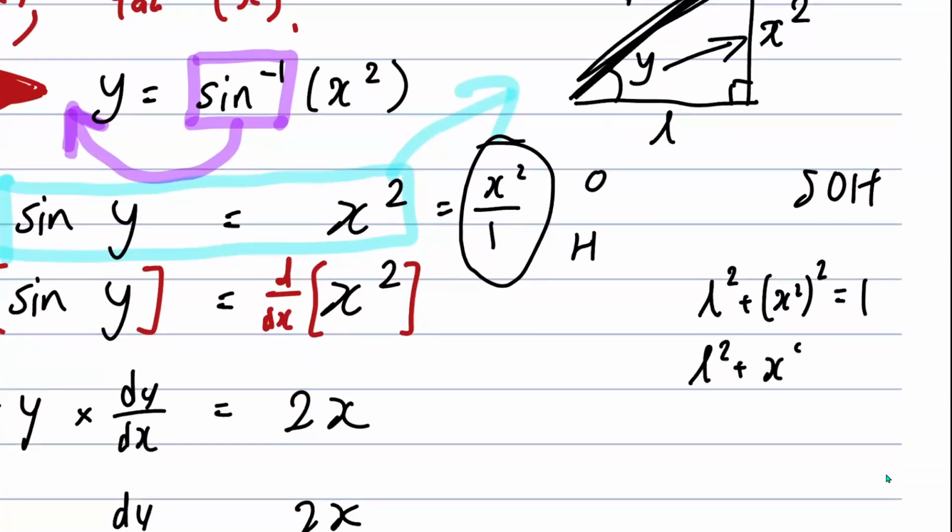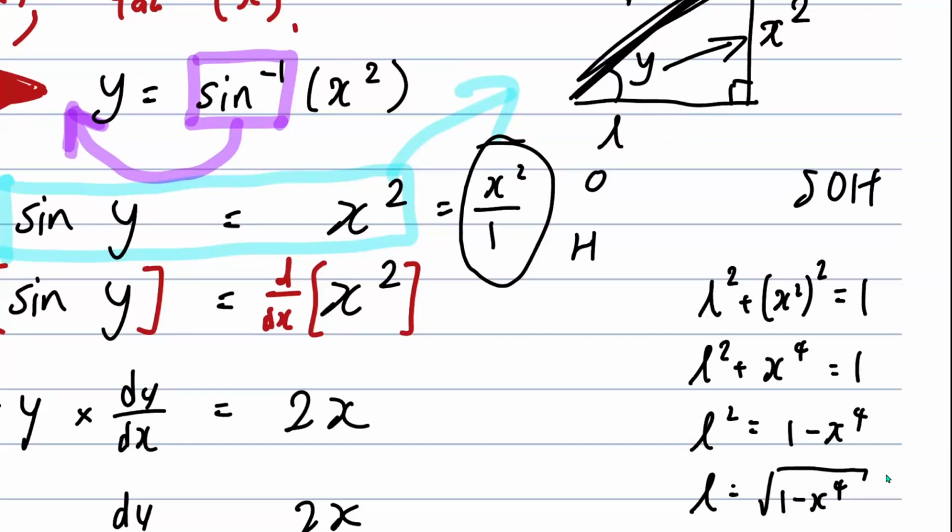And L squared plus x power 4 equals 1. From there, L squared equals 1 minus x power 4. So L equals square root of 1 minus x power 4. Following so far? We don't need plus minus because L is a length, positive. Therefore, I replace my L with square root 1 minus x power 4.